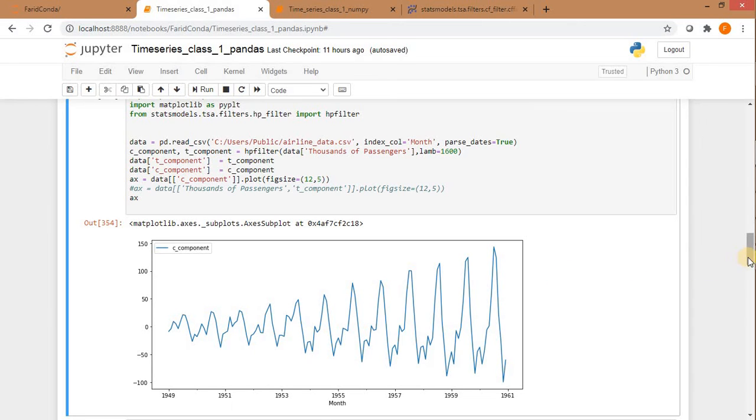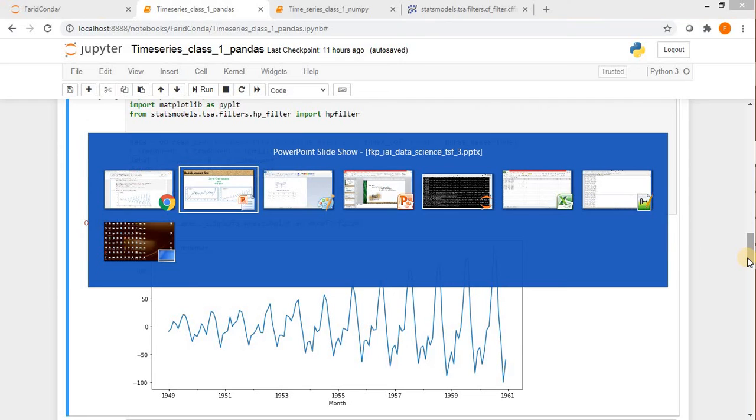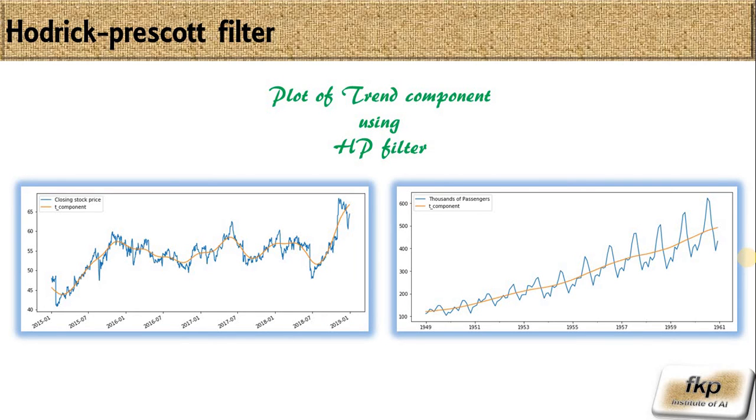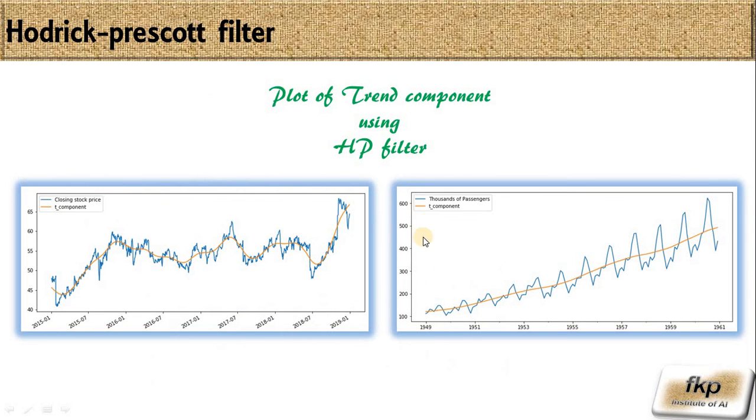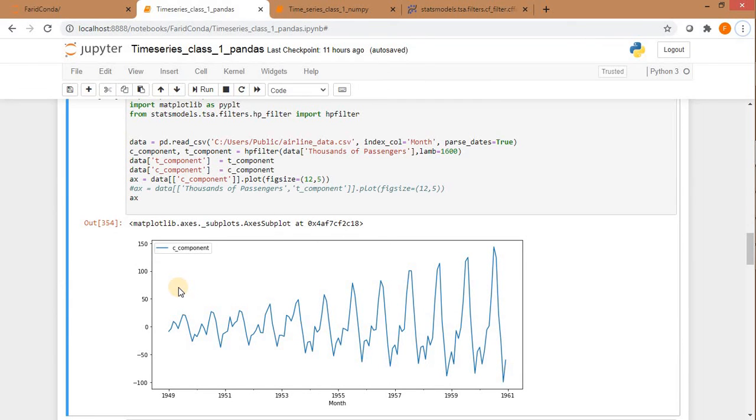So let's go to the original. See here, you take 0 as the trend line in this particular graph. See, 0 is not there at all in this graph, right? But how come 0 on the cyclic component plot?